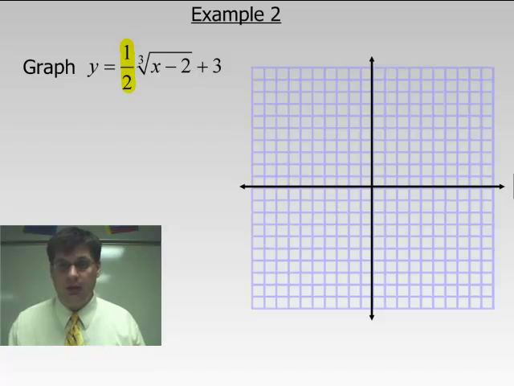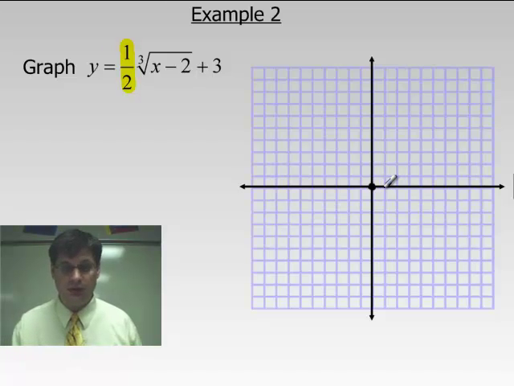So when I do this one, I will go ahead and recall the parent function starts at 0, 0, so that would be my starting point. And then I'm going to pick all the perfect cubes that I can get in here.